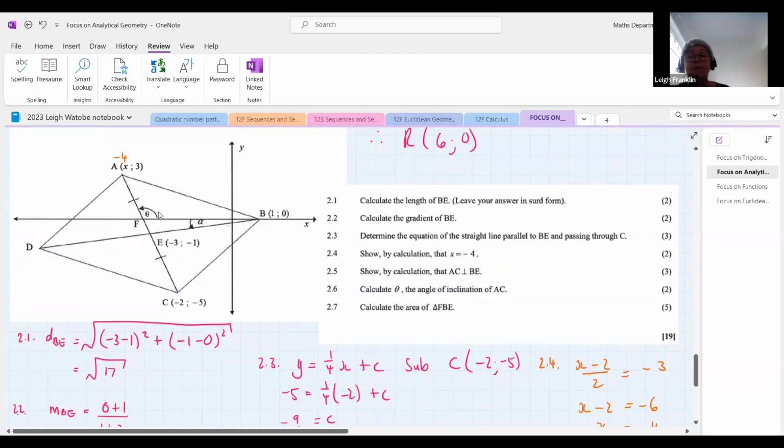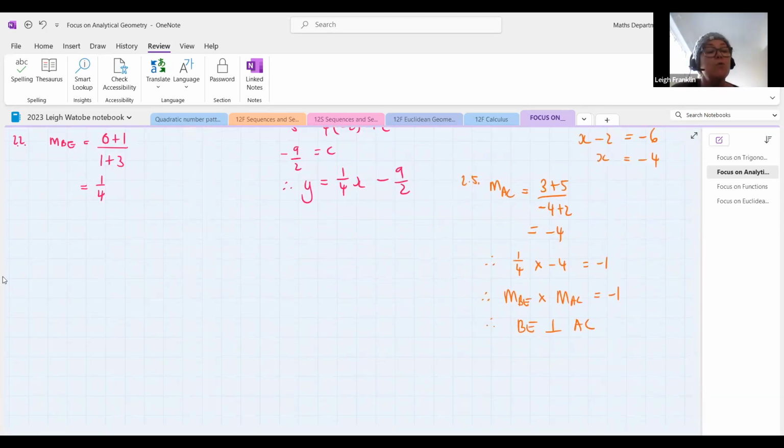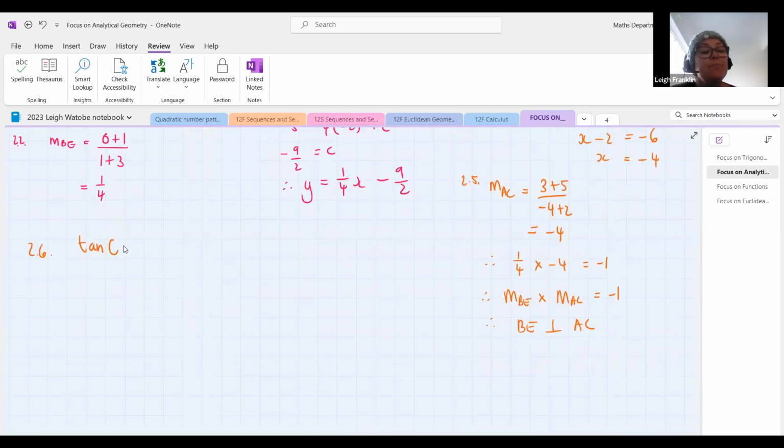Again, can you see theta has to be an acute angle? We've got the gradient of AC. We know that it's -4. So in question 2.6, we've got tan theta equals -4. Sorry, I'm rushing a bit here, but I just wanted to spend a couple of minutes talking about that last question.